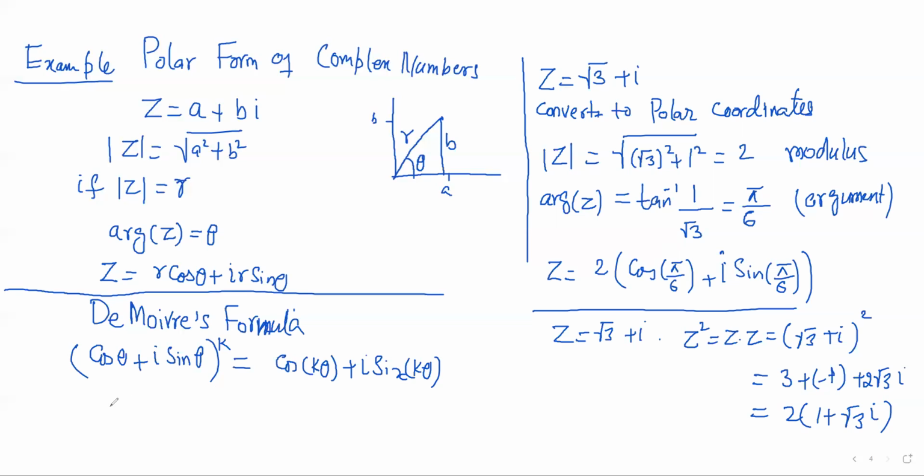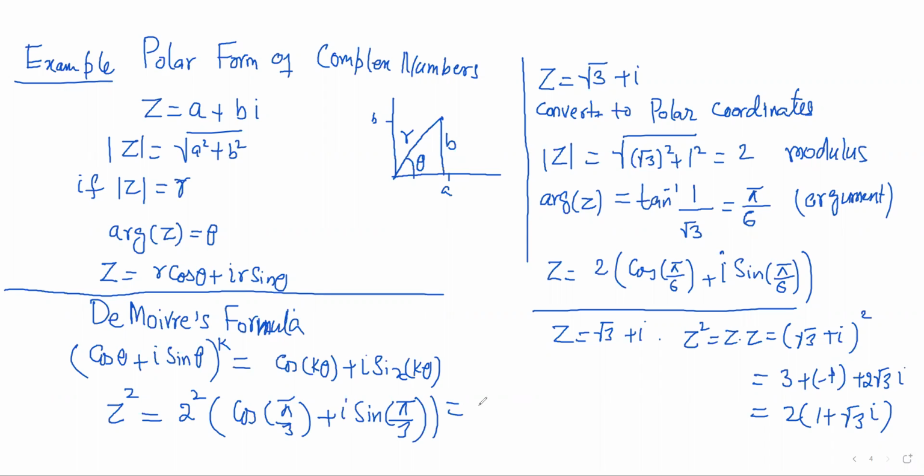So z square in polar coordinates will be equal to 2 square into cosine of k pi by 6, and k was 2, so cosine of pi by 3 plus iota sine of pi by 3.